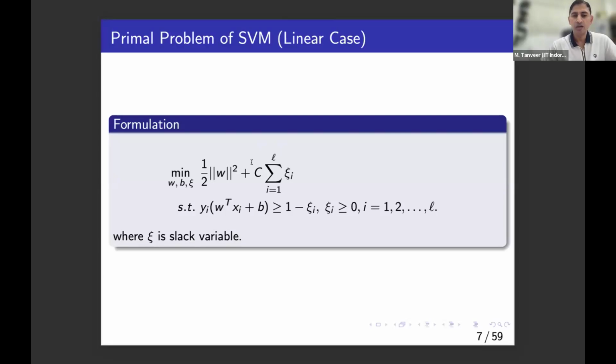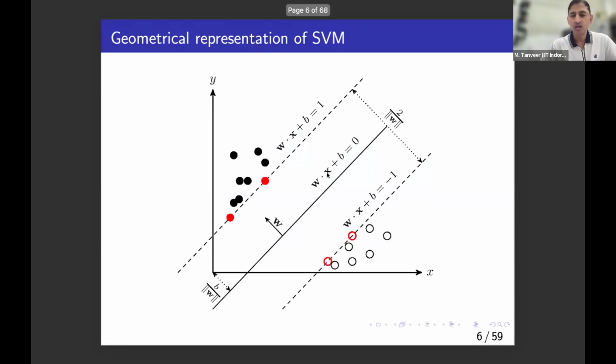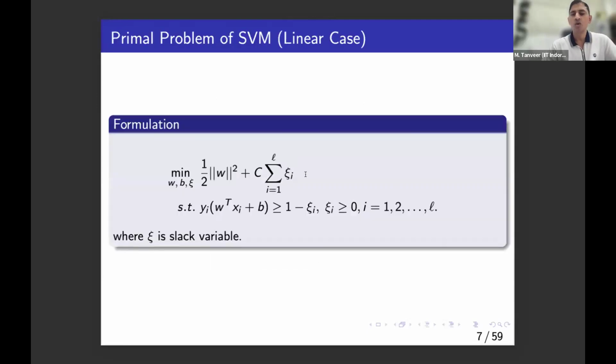But here we have considered data points where there is some misclassification. So we add in the objective function those misclassifications, xi1, xi2, up to xi-l, sum them up in the objective function and then minimize. Here C is a parameter that controls the overfitting issue.